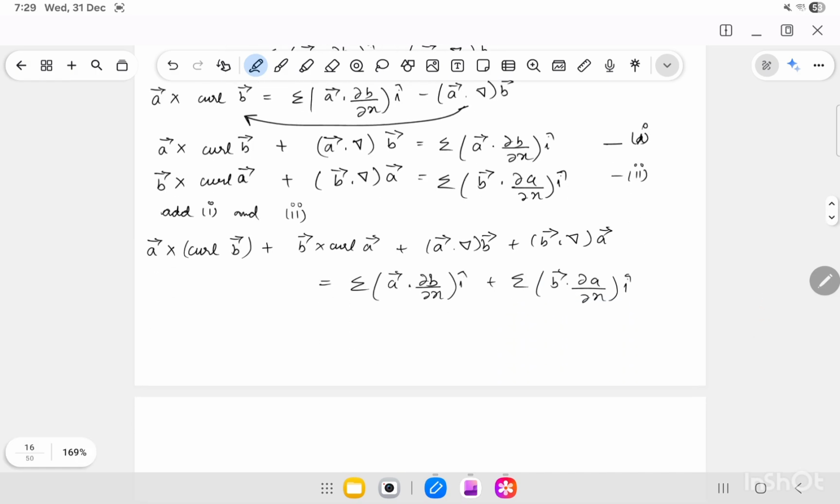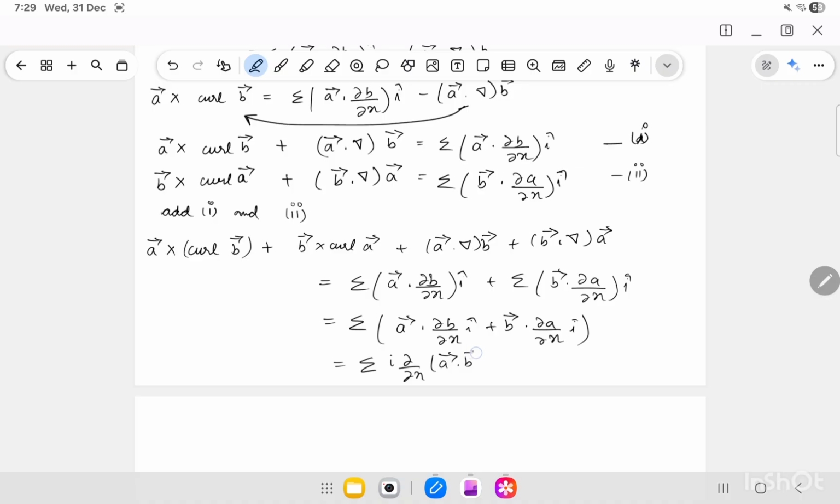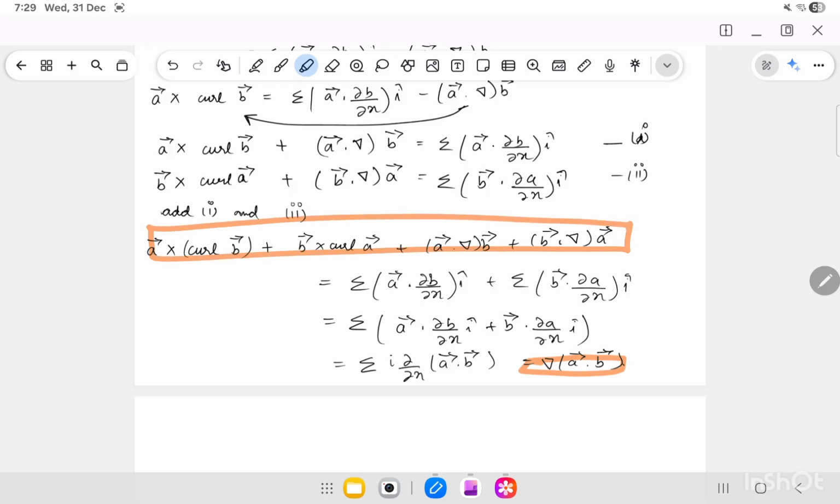Now I can pull the summation outside, so it will be a vector dot del b by del x I cap plus b vector dot del a by del x I cap, which is equal to summation I cap del by del x of a vector dot b vector, which is the gradient of a vector dot b vector. So I got a relation that the gradient of a vector dot b vector is equal to this summation, and that's what we claimed earlier.